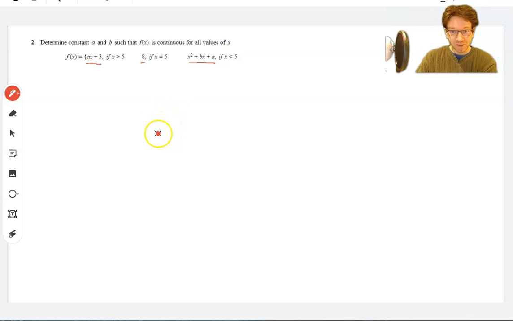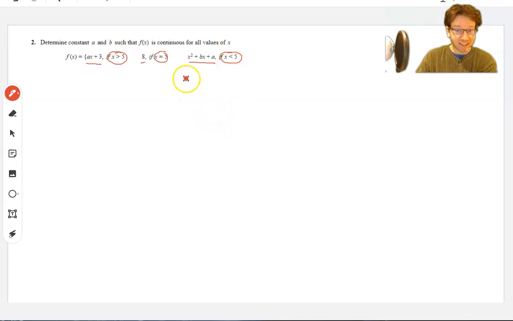All right, so where are all these functions going to meet? They're going to meet or approach the same value when x is 5, right? This function approaches 5. This one is 5. And this one also approaches 5 from the other side.